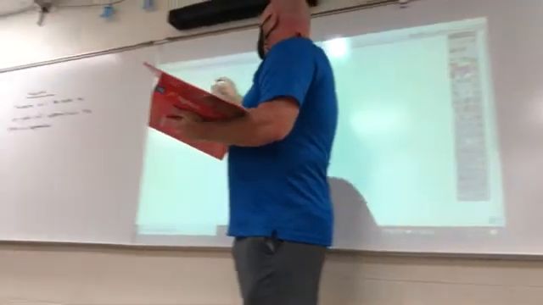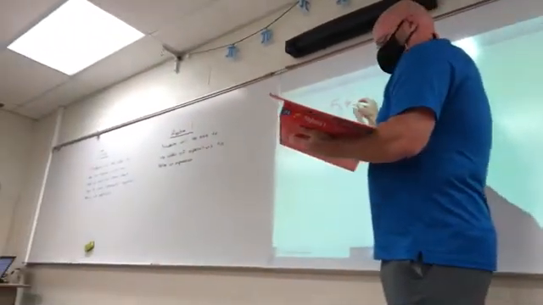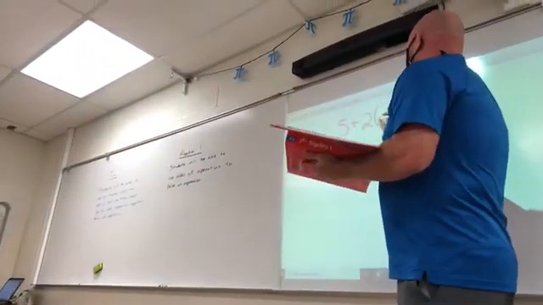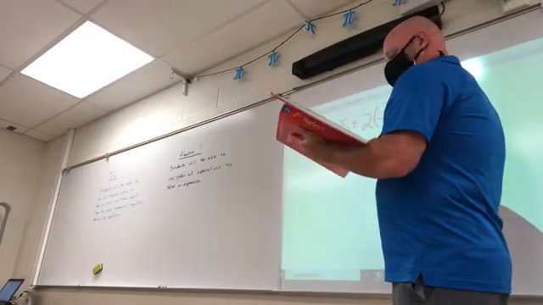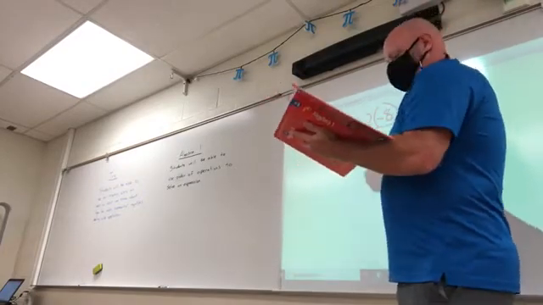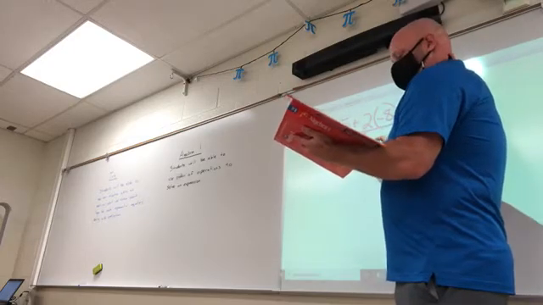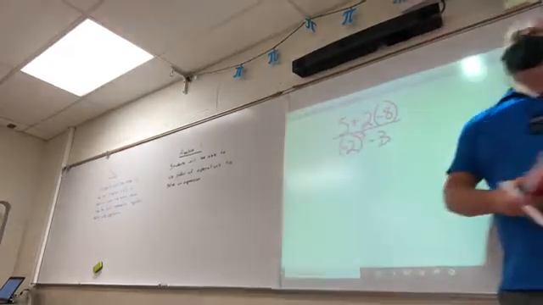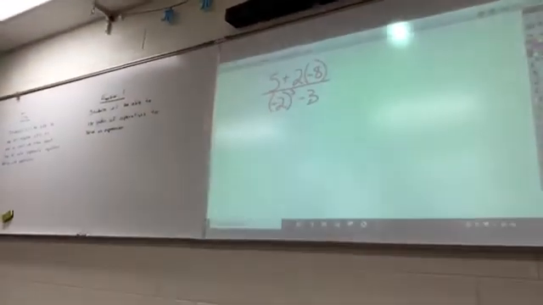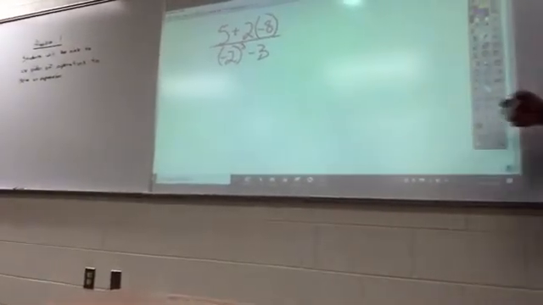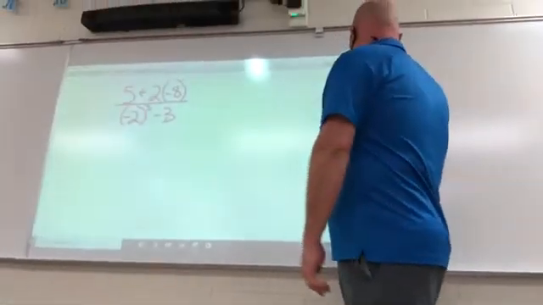The first one says 5 plus 2 times negative 8, all over negative 2 to the third power minus 3. All right, what do you think I should do first? What is step number 1?